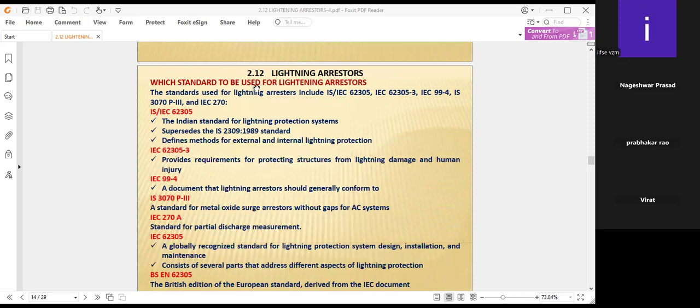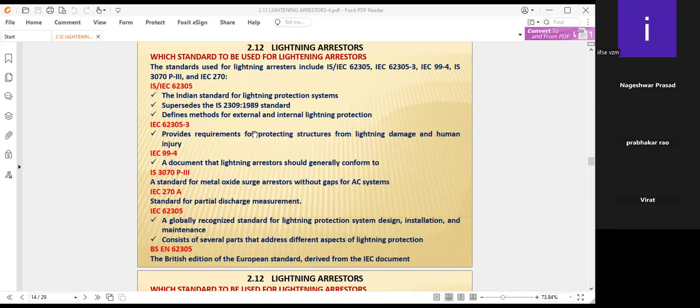Coming to which standard to be used for lightning arresters, it's very important here. There are many standards for the required purposes. For example, the standards used for lightning arresters include the Indian Standard, IEC International Electrotechnical Commission 62305, IEC 62305-3, that means version 3, IEC 99-4, IS 3070 Part 3, and IEC 270.